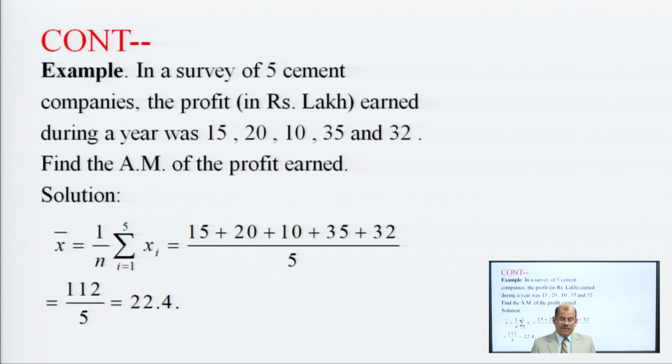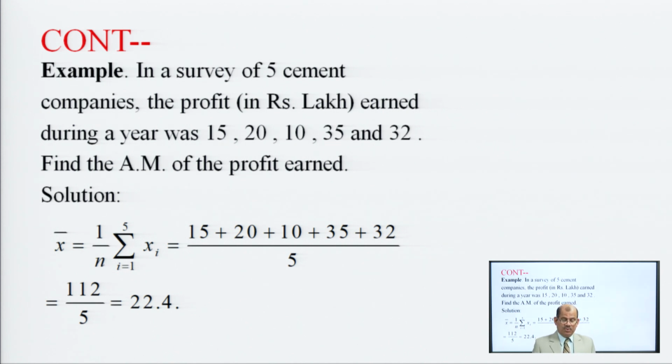Example: in a survey of 5 companies, the profit in rupees lakh earned during a year was 15, 20, 10, 30, 35 and 32. Find the arithmetic mean of the profit earned.